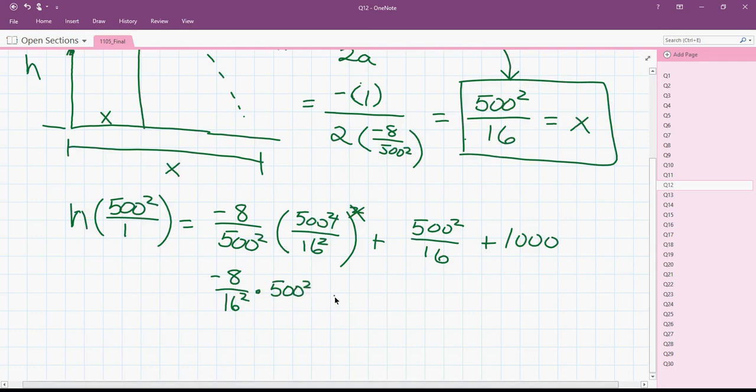That we're going to leave as is for now. And then plus 1,000. Now this is still fairly messy. Your professor would probably want a direct answer in this case. And you are allowed calculators in this class, right? Yes.